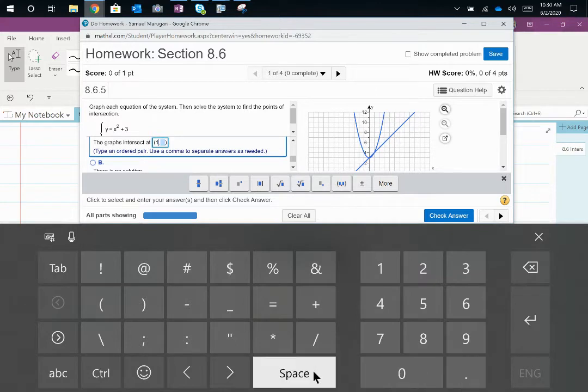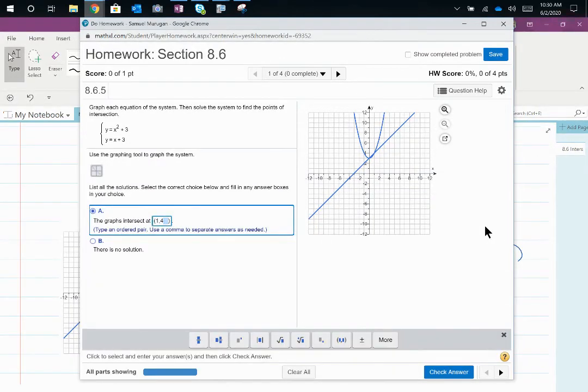I don't know if this is going to work. Yeah, 1. And how do I move forward on this? 4. This is annoying to type with this program. Let me put it back on my keyboard so I can use the keyboard to type it in.